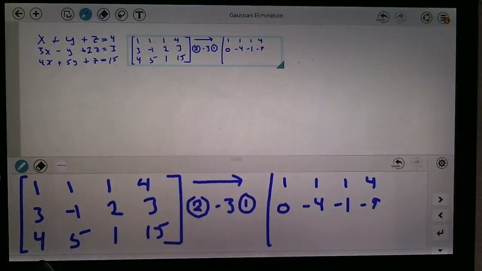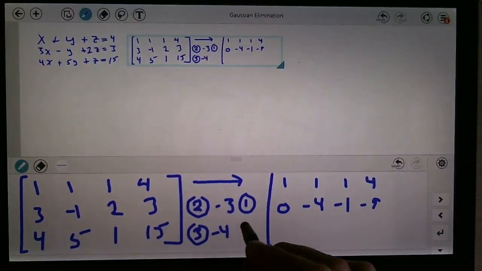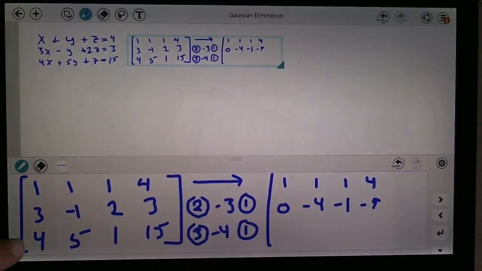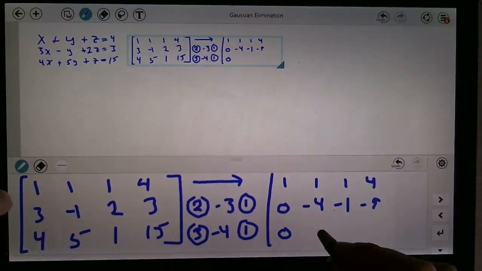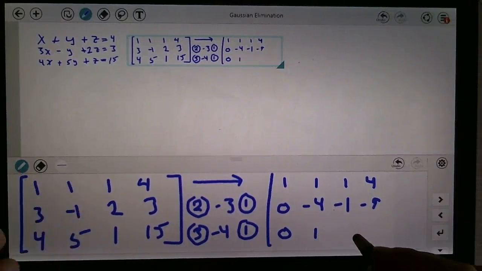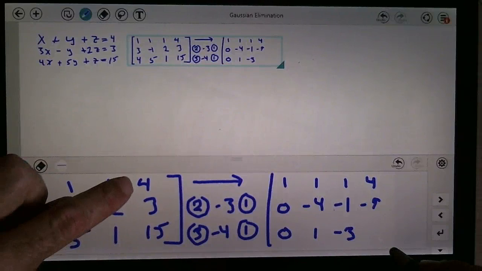Now in this row, we want to create a 0 right here. I'm going to do it in a similar fashion. The 1 makes it really easy to just get rid of that thing. So I'm going to do row 3 minus 4 times row 1. Everything in row 3 minus 4 times what's up there. So 4 minus 4, 5 minus 4, 1 minus 4, and 15 minus 12, right?